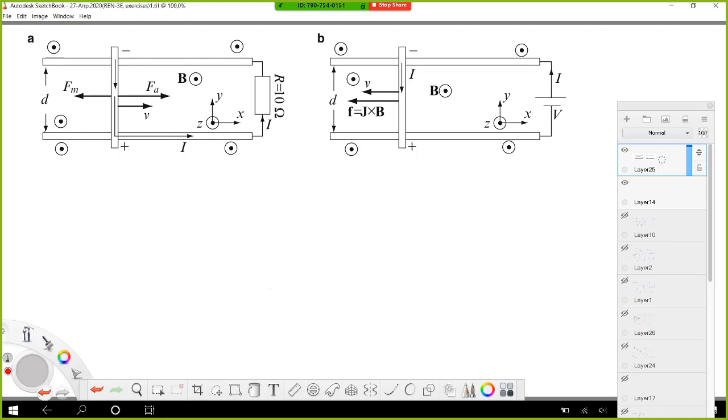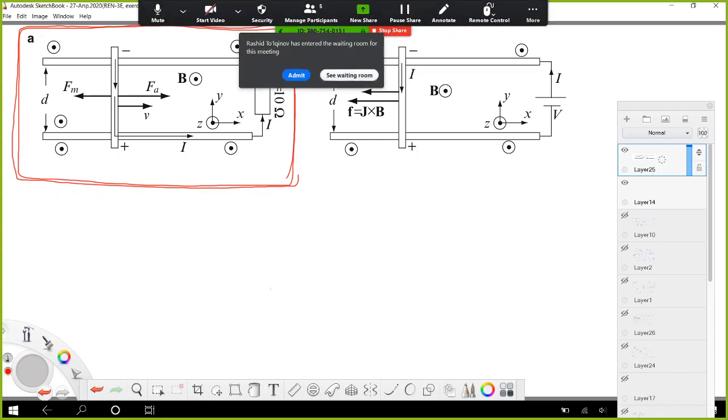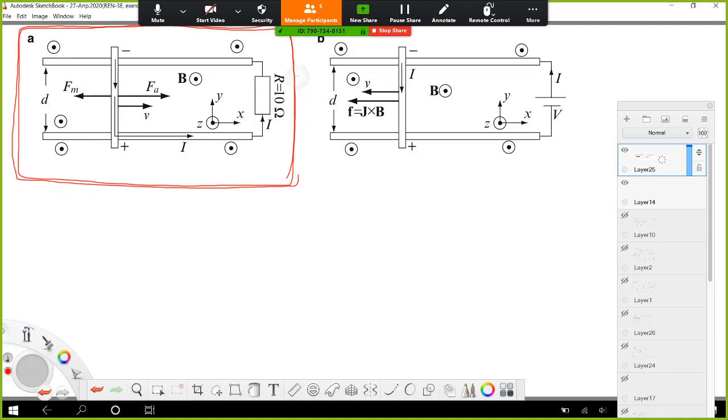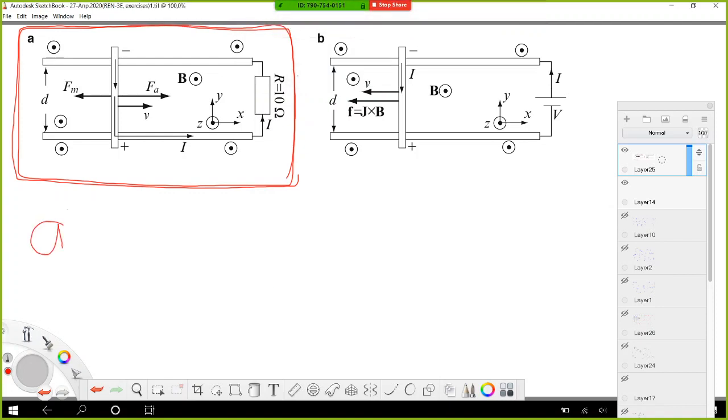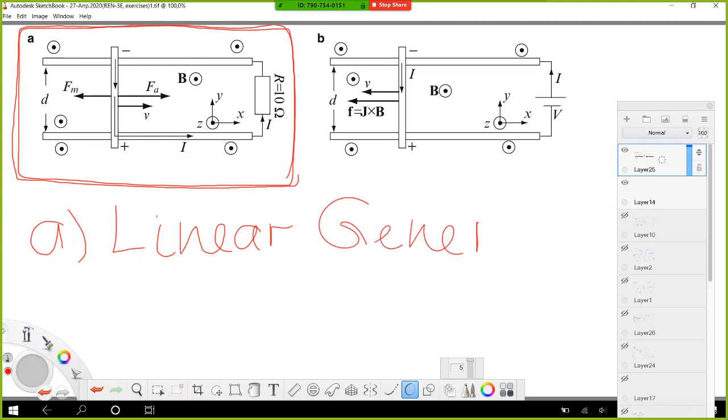and let us concentrate on one of them, on the first of them. The first configuration, A, can also be called a linear generator.